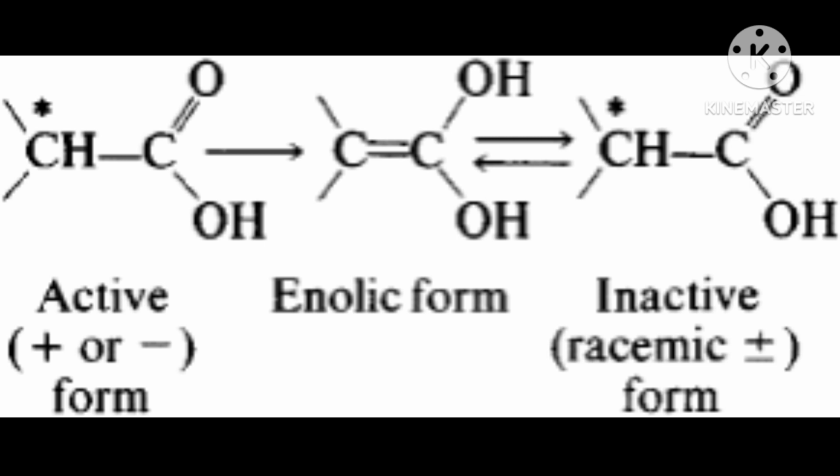A mixture containing two enantiomers in equal proportion will have zero optical rotation, as the rotation due to one isomer will be cancelled by the rotation due to the other isomer. Correct?